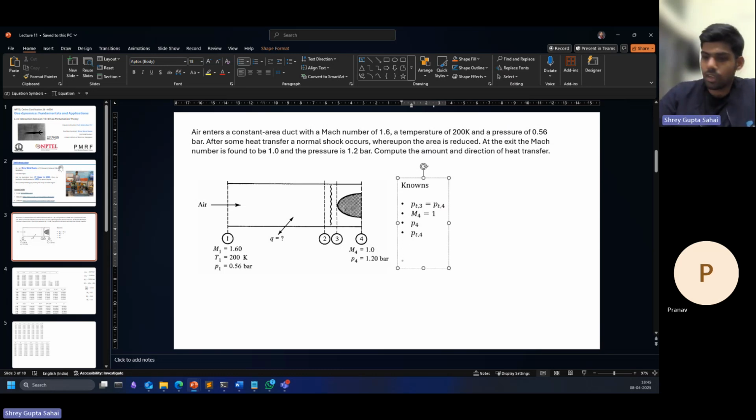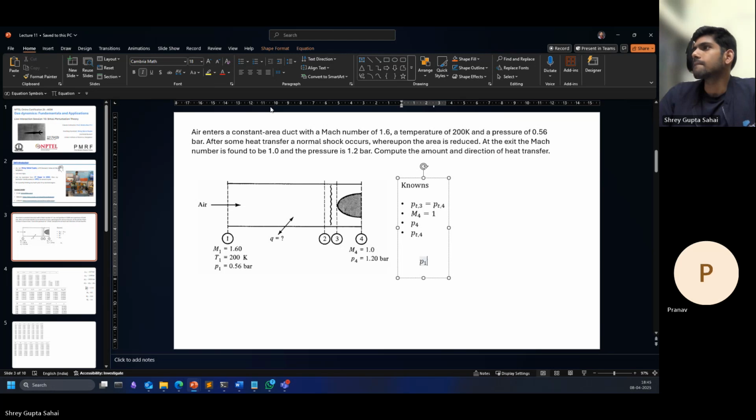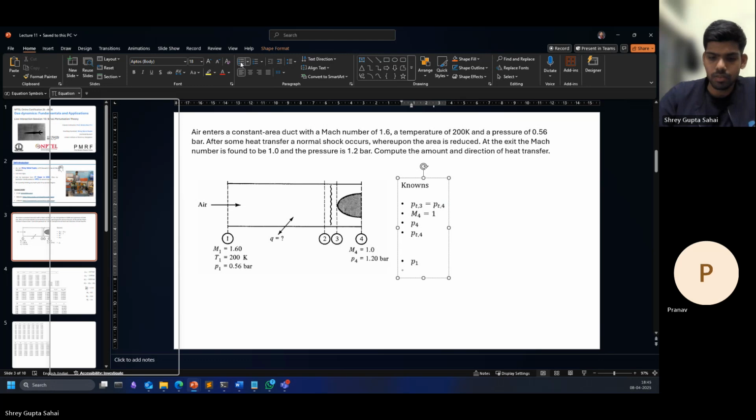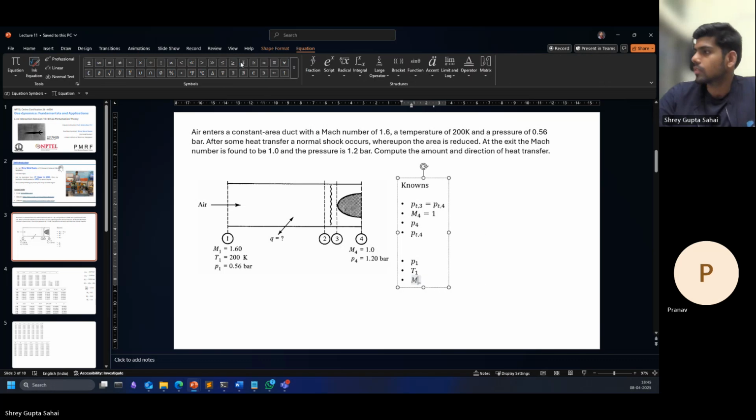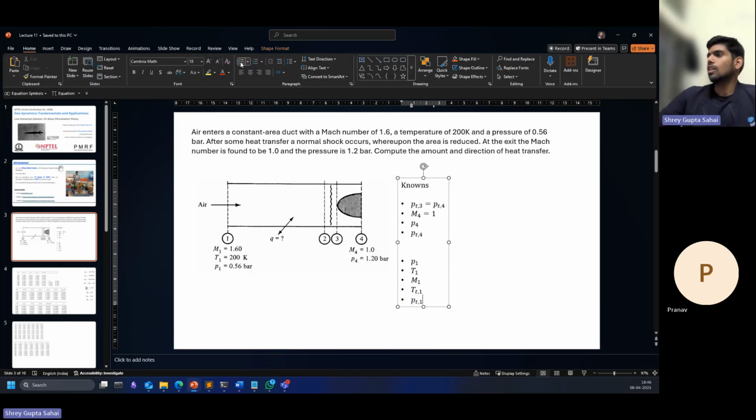If we go from the other end, we know T1, and by virtue of this Mach number, we know the total quantities also. So let me just write that. These things are known.